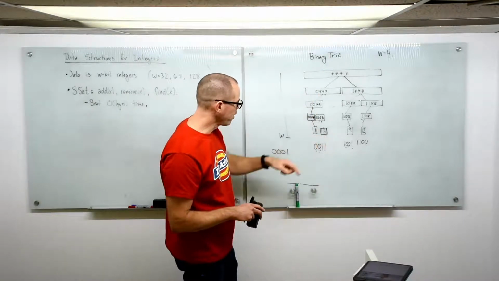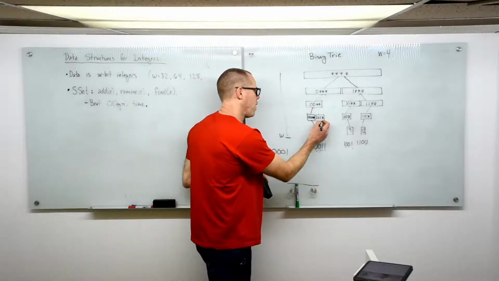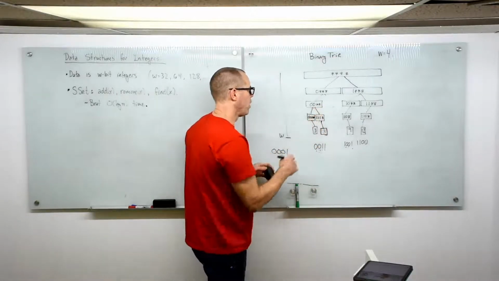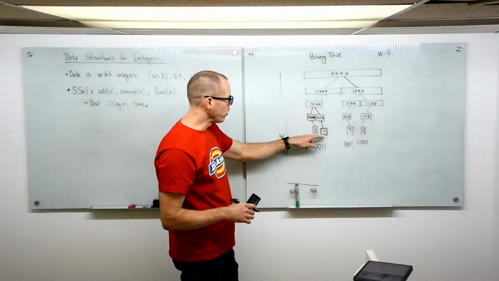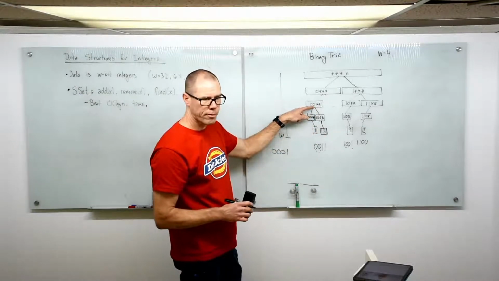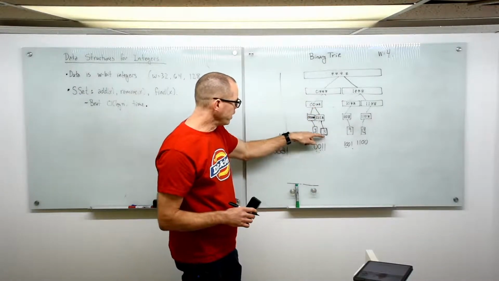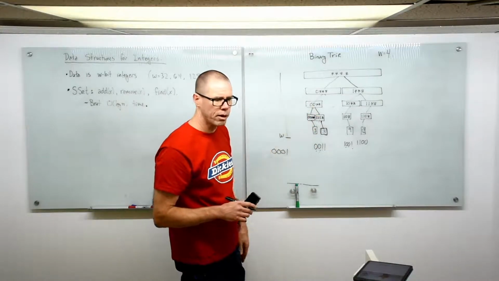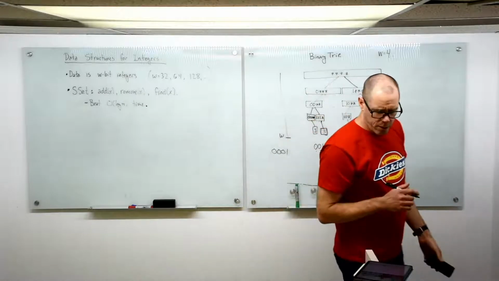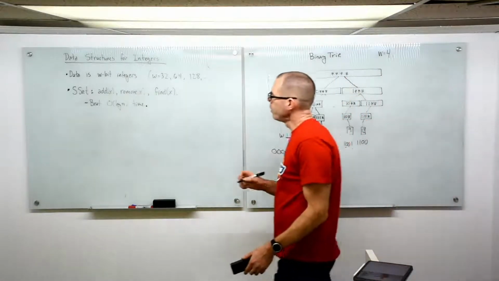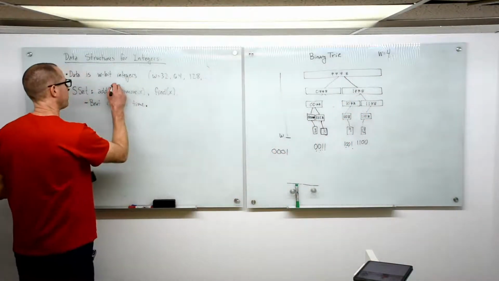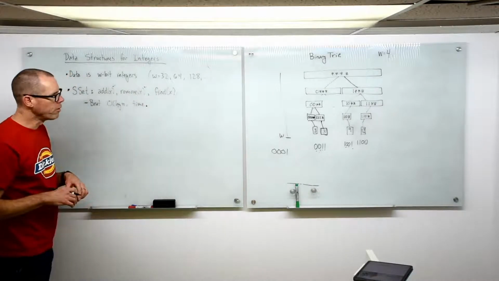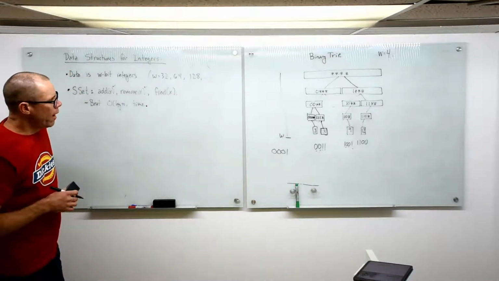In fact, this process stops the first time you reach a node that used to have 2 children, because you're deleting one of them, and then the other one still lives. So that's easy. Add and remove are easy. We'll worry about the running time in a second.